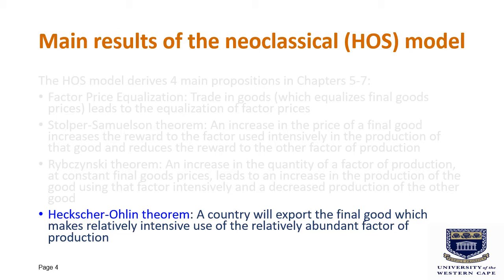In the case of Austria, they are capital abundant, so they would export the capital intensive good of manufacturers. This is something you need to take into consideration. And Bolivia, being a labor abundant country, would export the labor intensive good of food.